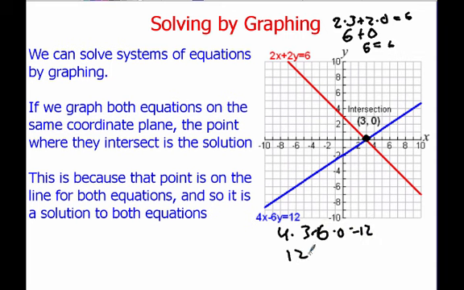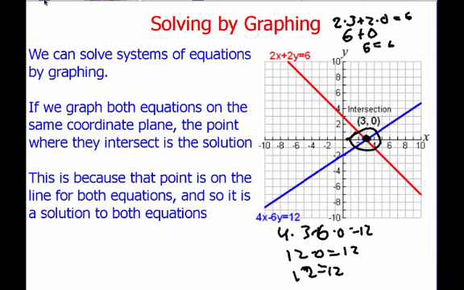Well, that's 12 minus 0 equals 12, and that's 12 equals 12. So this point is also a solution to the blue line. So the solution to a system can also be thought of as the point where the lines cross. If we graph our equations and see where they cross, that's going to be our one and only solution.